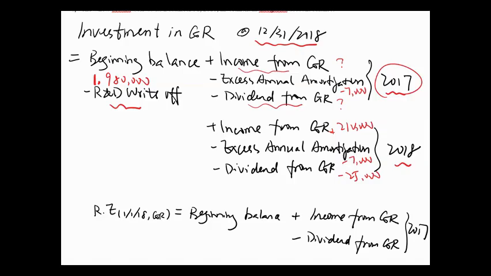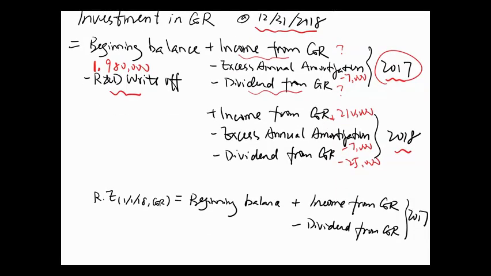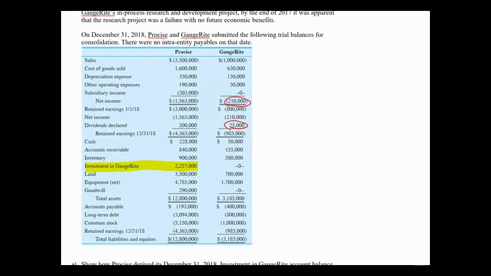In order to get the values of these two accounts, we can rely on the retained earnings equation. Remember how retained earnings is calculated: the annual balance of retained earnings equals the beginning balance plus income minus dividend. Based on the trial balance at the end of 2018, we know the retained earnings of Goldright at the beginning of 2018, which is also the retained earnings at the end of 2017.